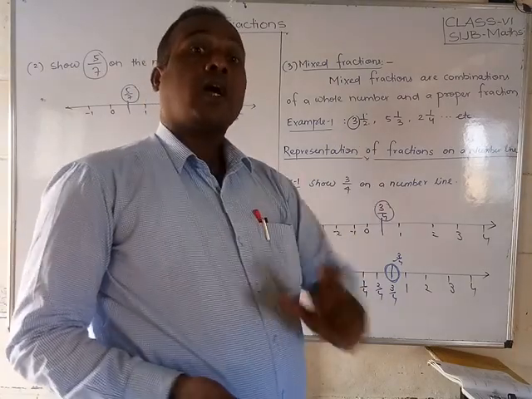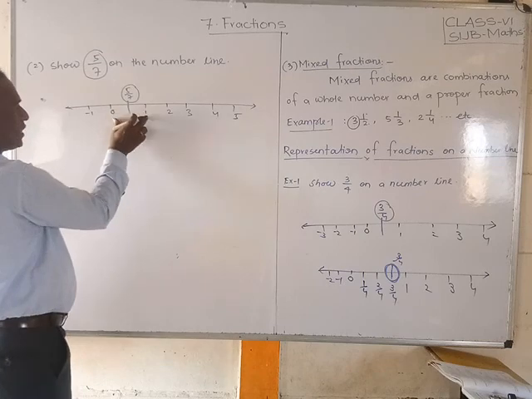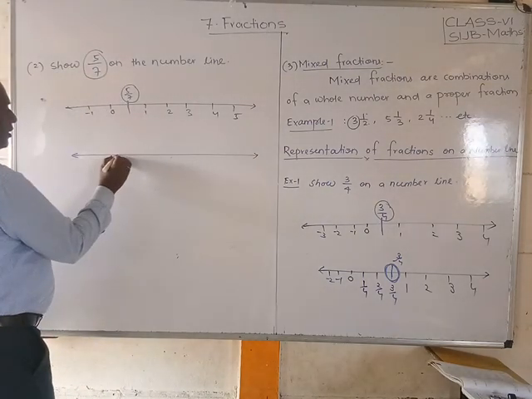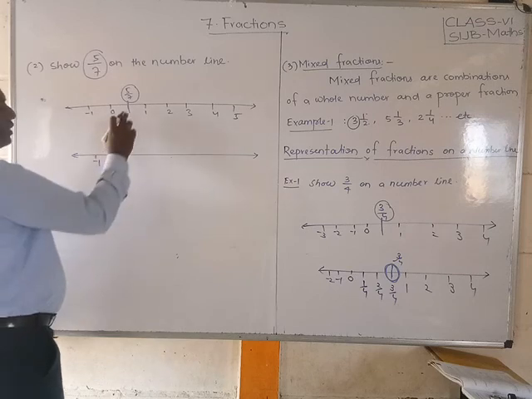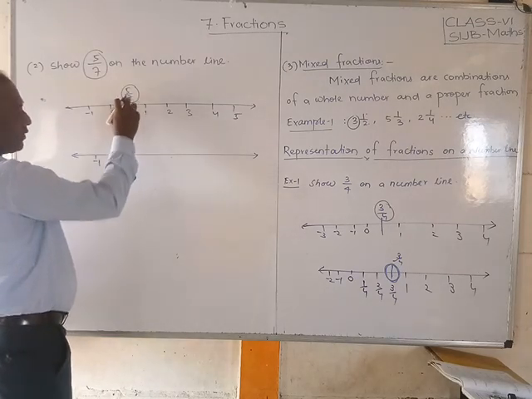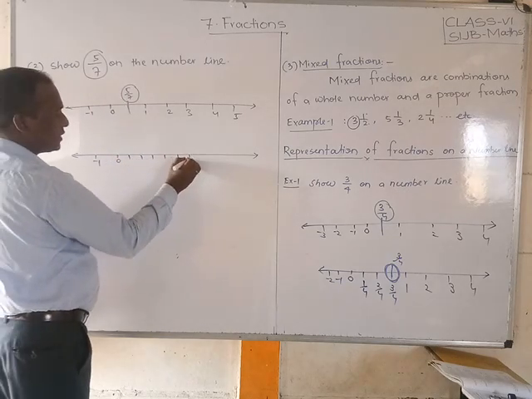But accurately, how can you show it? Between 0 and 1 it will stay. If you draw a second line and write 0, -1, then 0 and 1 between will stay. So how many parts do you have to make, friends? 7 parts: 1, 2, 3, 4, 5, 6, 7.